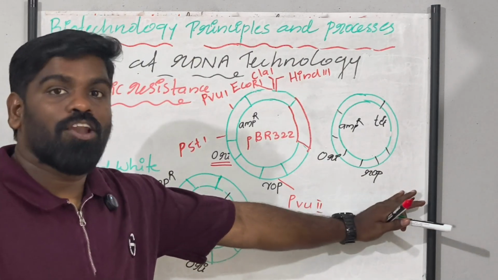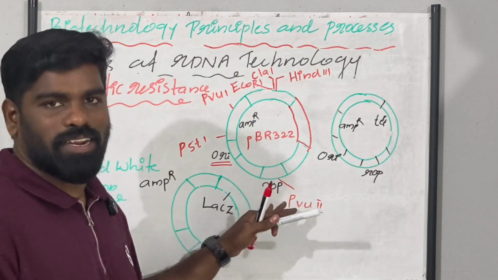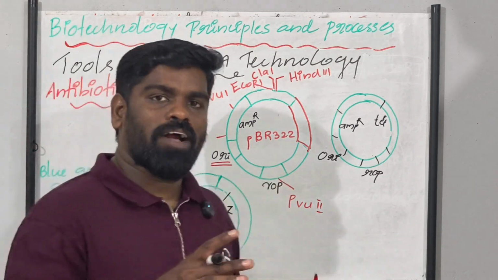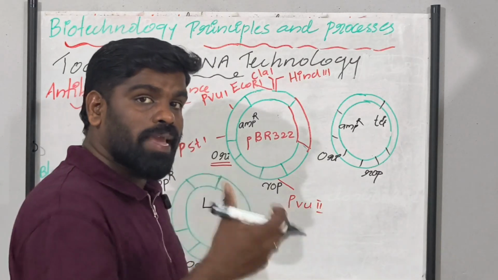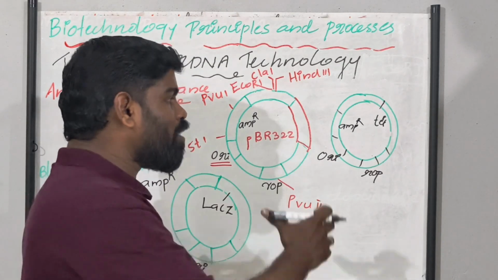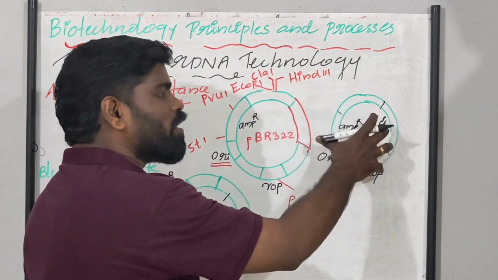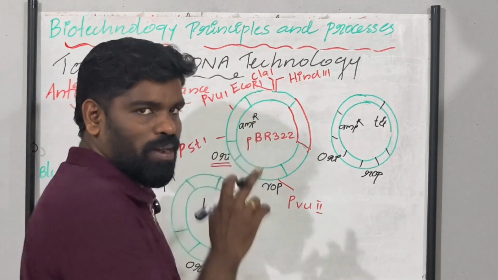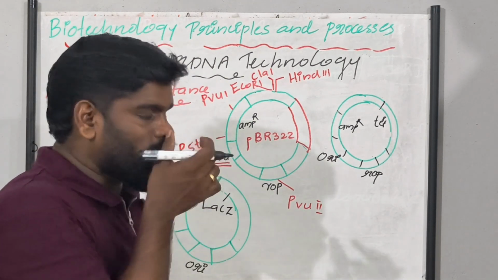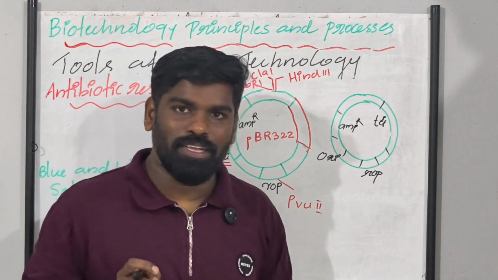So this is a non-recombinant, and this is the recombinant. The main aim is to select the recombinant from the non-recombinant. There we use the selectable markers. Now I will tell you how selectable markers are used here.